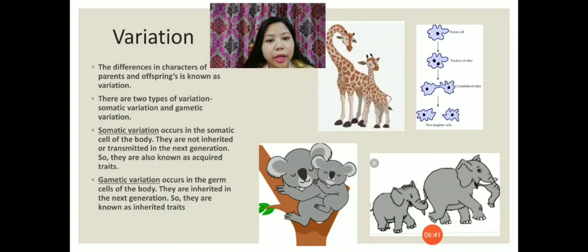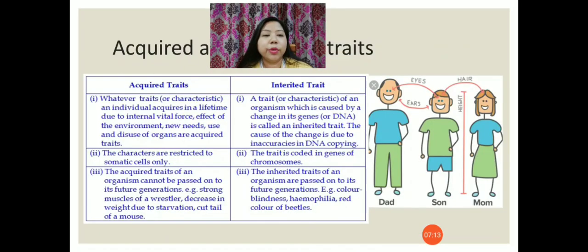But on the other hand, gametic variation occurs in the germ cells of the body, and when there is a variation or difference in the germ cells or the sex cells, it is inherited by the next generation. So they are called inherited traits. The traits which are inherited from the parents to the offspring are called inherited traits, and the ones which are not inherited from parents but which the organism has acquired during its lifetime are called acquired traits.